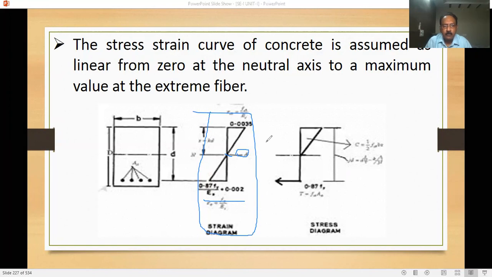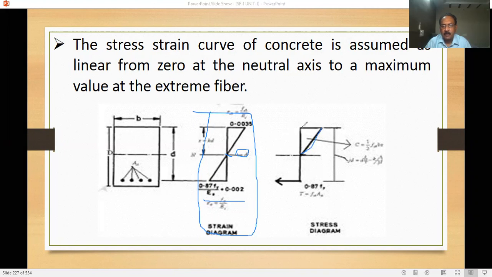You must keep the IS 456 hard book with you when you are attending these RCC classes or structural engineering classes. Now coming to this stress diagram. In the working stress method, the neutral axis starts at 0 and the maximum is at the top edge.